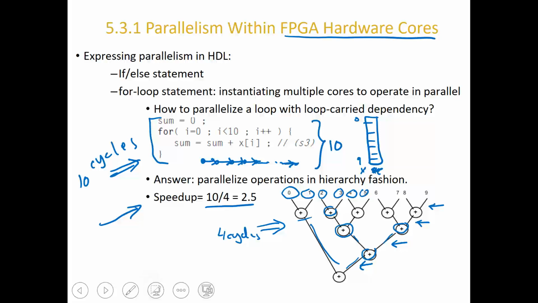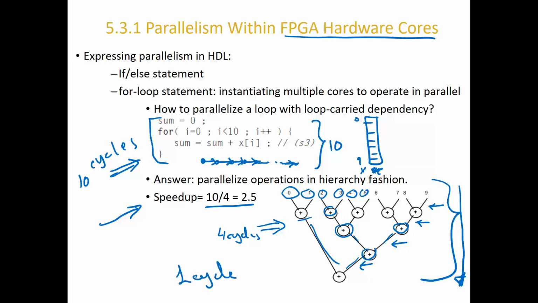However, this is somewhat not accurate, because this will be much faster than 4 cycles. In fact, if you have done your hardware appropriately, you can probably compute all of this in just 1 cycle. But we will assume that your textbook is assuming every adder takes a cycle, so we'll go with that.